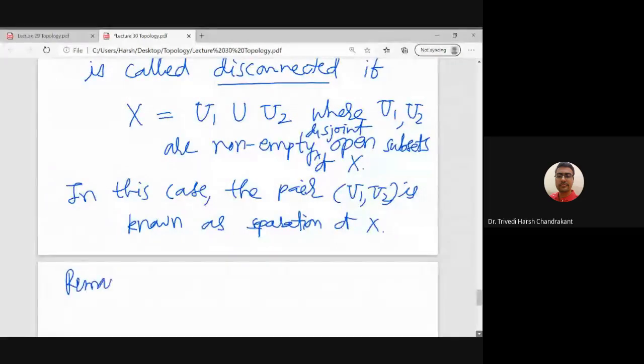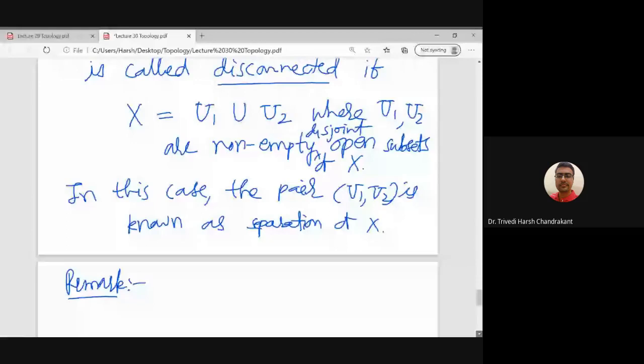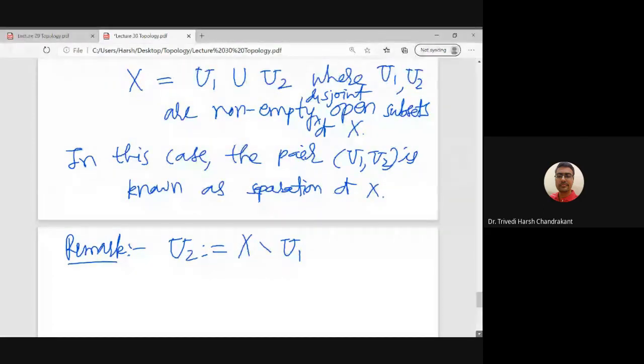So a small remark: U1 is open and X is a union of U1 and U2, right? So if U1 is open, X is U1 union U2, and U1, U2 are disjoint, then U2 is by definition X minus U1. By the definition of this separation, U2 is an open set.